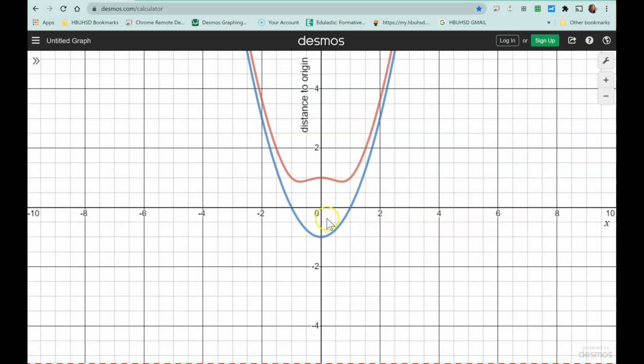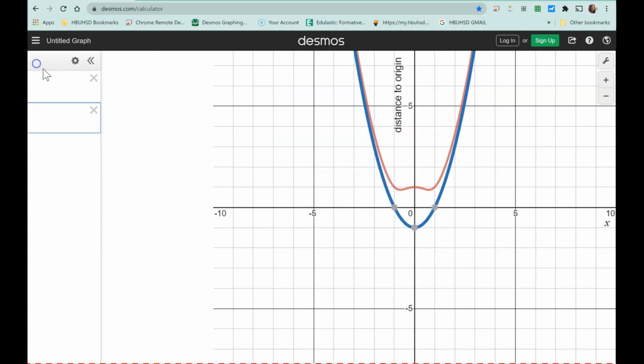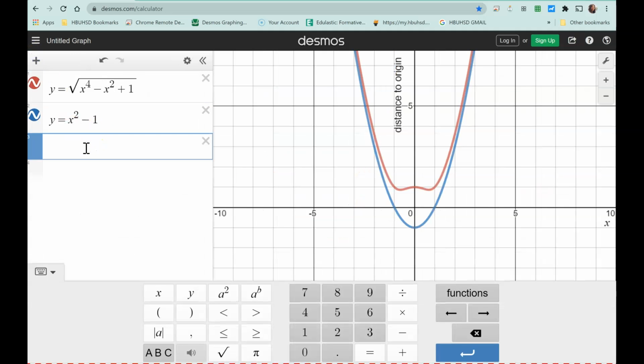So earlier we talked about where is rad 2 over 2. So rad 2 over 2, students, is about 0.71. So if I go down to 0.71, okay, right there. So here's 0.71 and we talked about, well, what's that distance to the origin? So let's do the same thing. Let's plot the point.